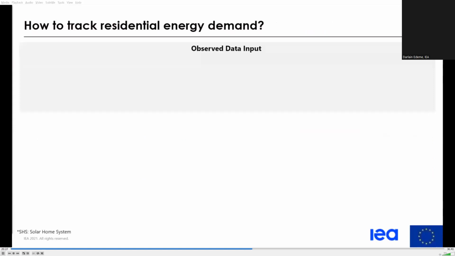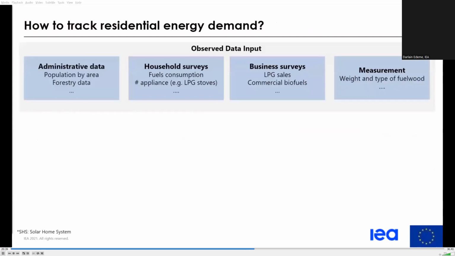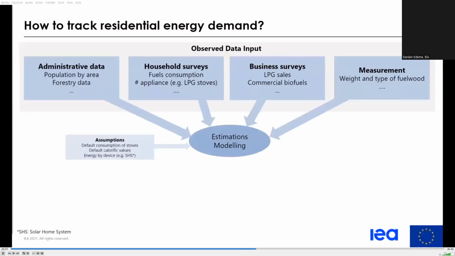Now, let us see what tools we have at our disposal to establish a methodology or an action plan to track residential consumption and biofuels demand. For the observed data inputs, we can find information from administrative data, surveys, and measurement.